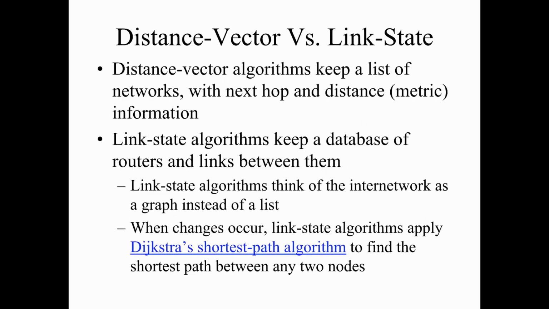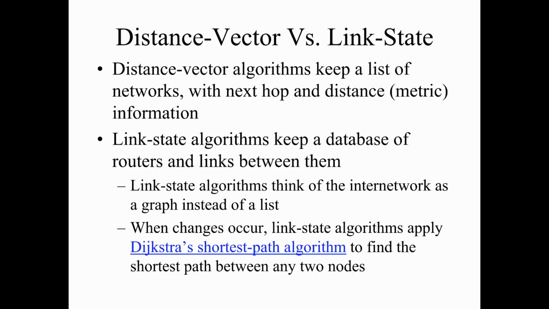So distance vector algorithms keep a list of networks with next hop and distance metric. Link state algorithms keep a database of routers and links between them. The link state algorithm thinks of the internetwork as a graph instead of a list. That's a big thing.